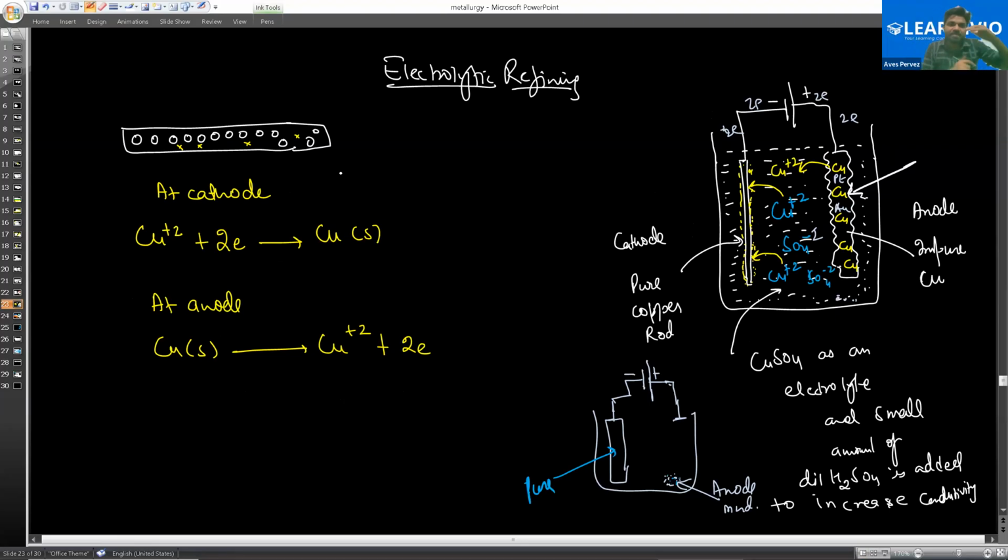By different methods, like reduction with carbon, reduction with aluminium, or electrolytic reduction, we remove the oxygen or the halide atoms from the metals. For example, from calcium oxide we get the pure calcium metal, from aluminium oxide we get the pure aluminium, and from copper oxide we get the pure copper.